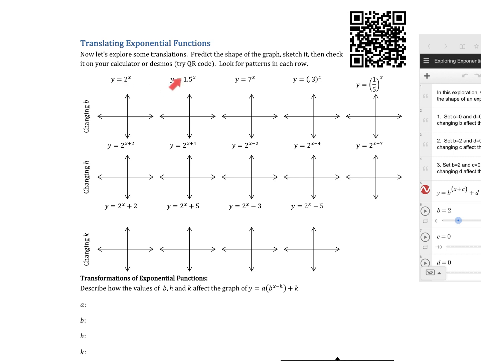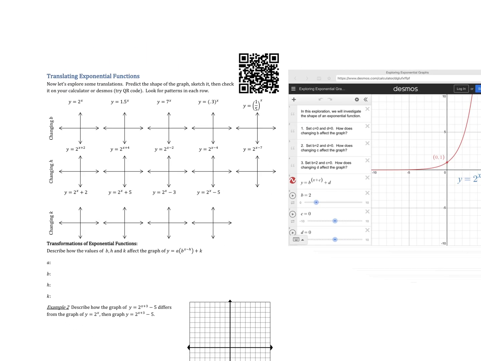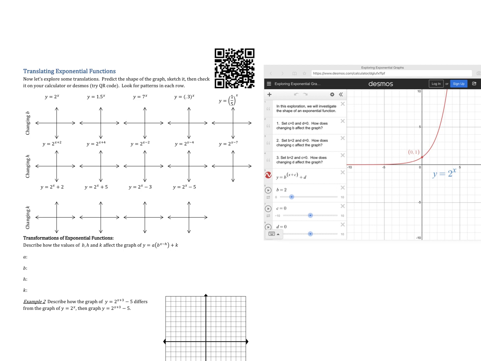It's a little easier to see on a computer or even a device. You can use their app as well, or you can use this QR code here, which will use this pre-set up tool that I made that we can explore this.